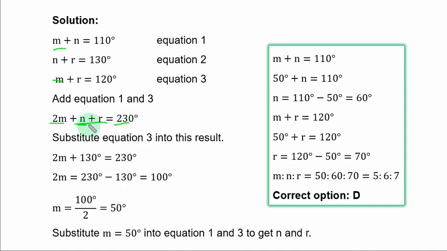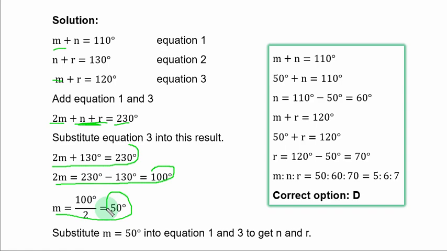You see that what you have here is equation 2, and equation 2 is equal to 130 degrees. So you have 2M plus 130 degrees equal to 230 degrees. Collect like terms, you have 2m equal to this, and which simplifies to 100 degrees. To get m, divide both sides by 2, and m is equal to 50.